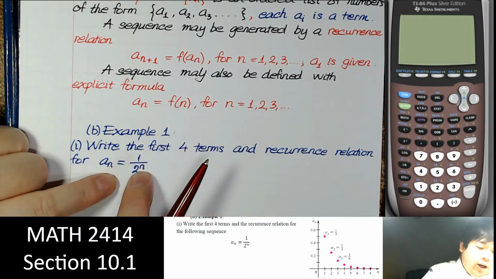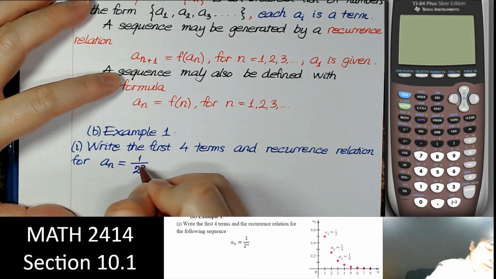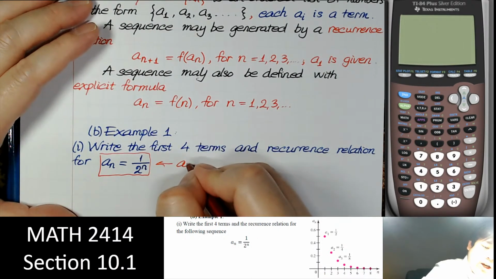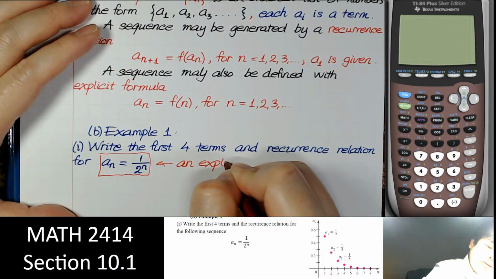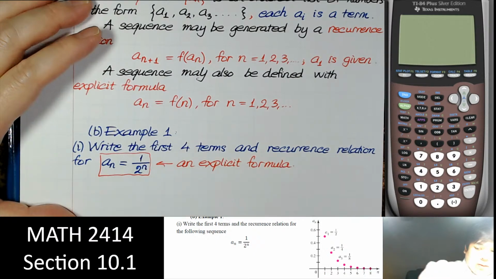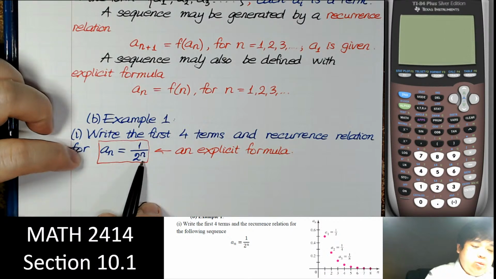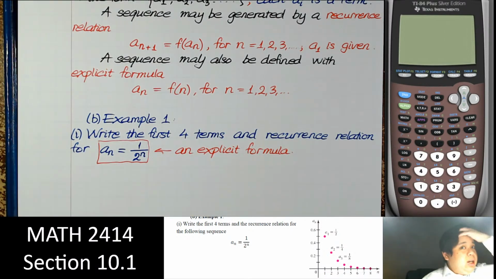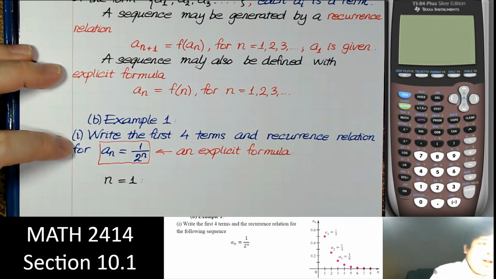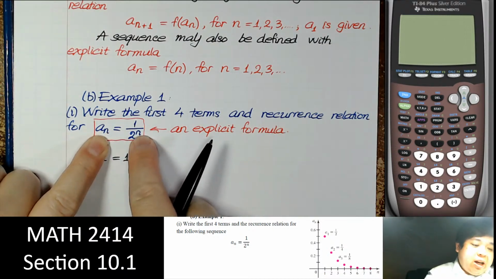There's no a_n and a_(n+1) in here. So this formula is called an explicit formula. Now, in that case, we just choose n to be the first 4 terms. So let's choose n equal to 1 to 4. N equal to 1. Now it's just like a function where we put in the numbers for this n.